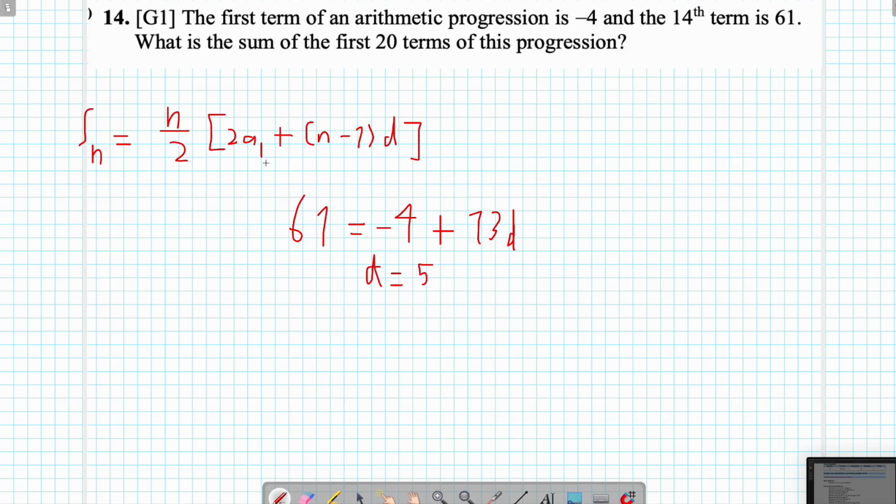Now we can substitute it in the equation here. n over 2, which is 10, into 2 times negative 4, which is negative 8, plus n minus 1, which is 19, times 5. Again, let's plug this into the calculator. 10 into negative 8 plus 19 times 5 is equal to 870.